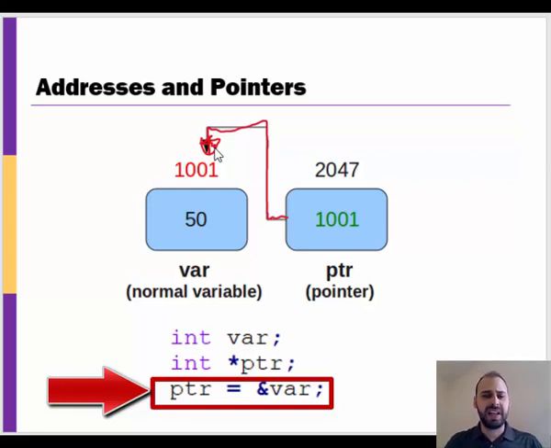The third line shown below makes the connection. That's saying take the pointer variable and set its value equal to the address of var. That makes the connection.